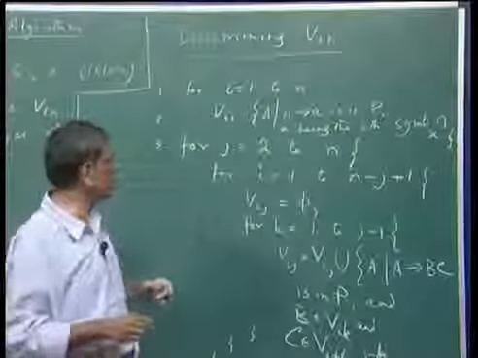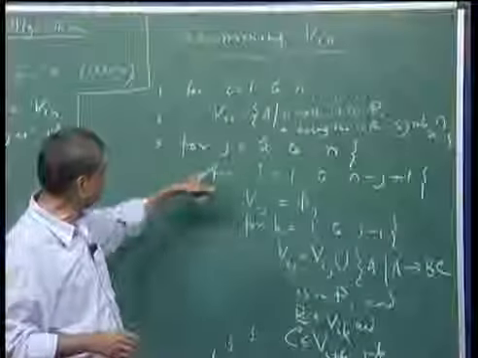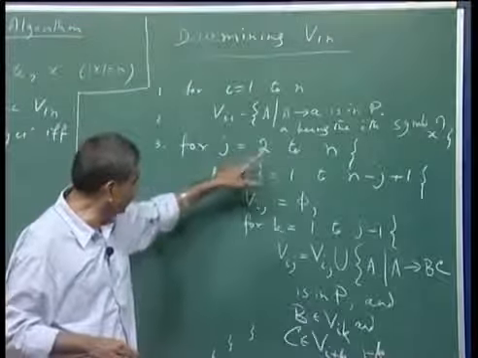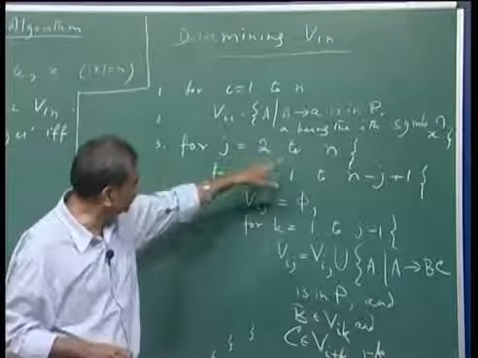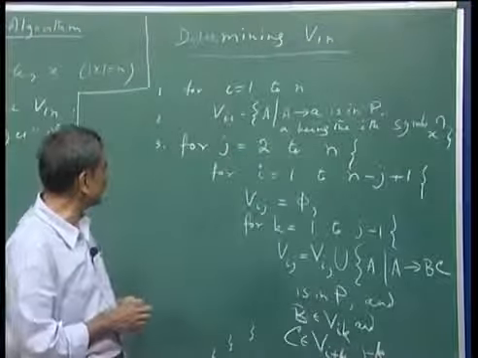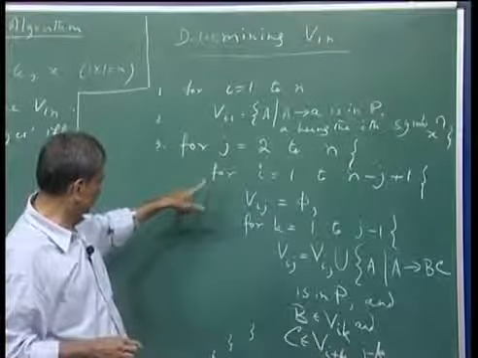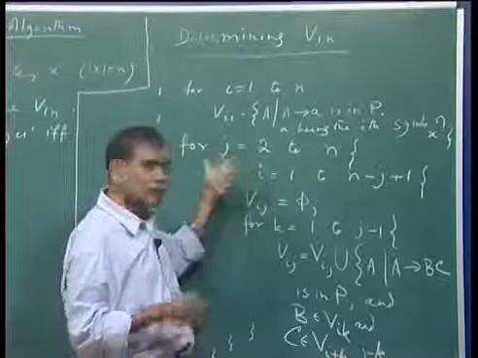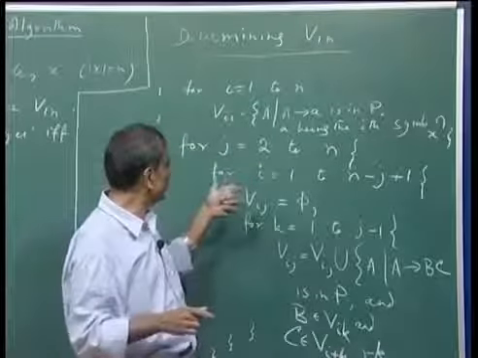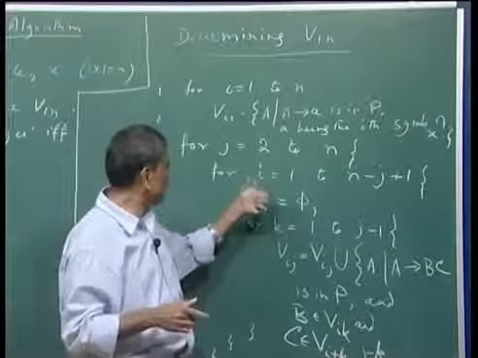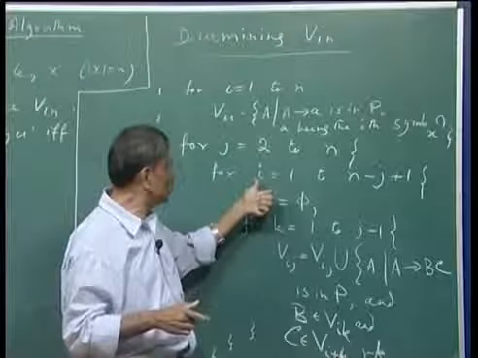So j will range from 2 to n, and we build up in that order. That's the dynamic programming. So starting from 2, then 3, all the way up to n. Once I have fixed a j, then for that j I define all Vij's.